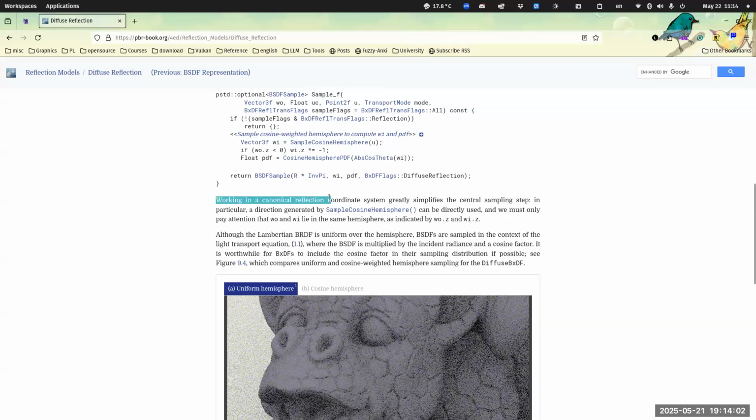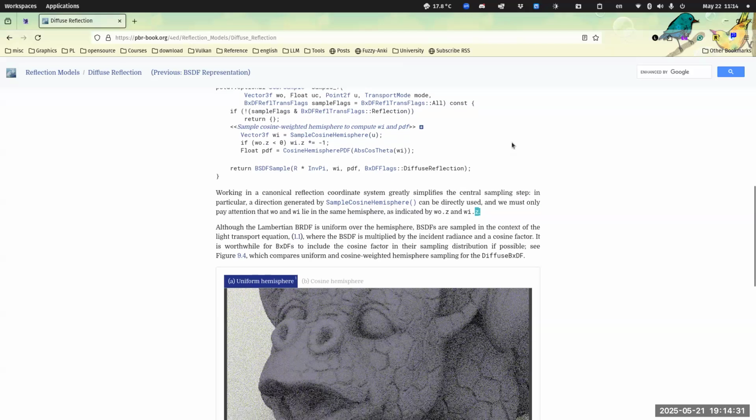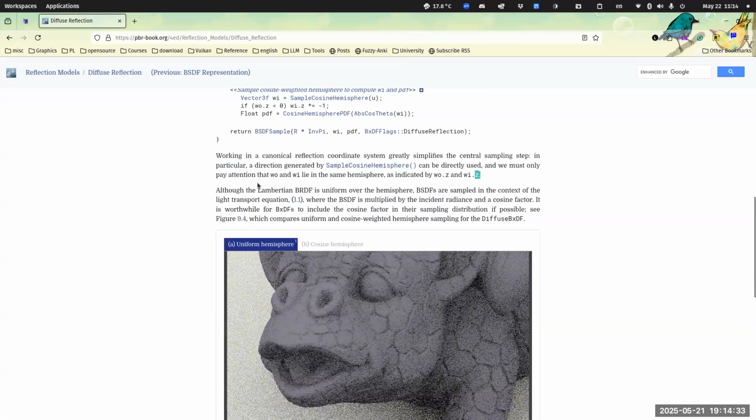Working in a canonical reflection coordinate system greatly simplifies the central sampling step. In particular, a direction generated by SampleCosineHemisphere can be directly used. And we just need to pay attention that the input and output lie in the same hemisphere by checking their z value. We don't even need to do a dot product, just use the z value.